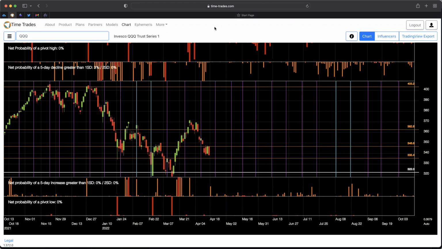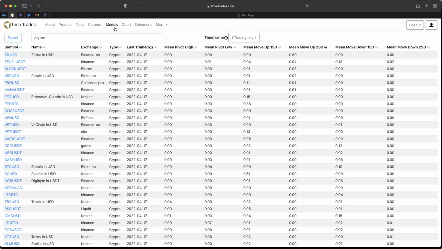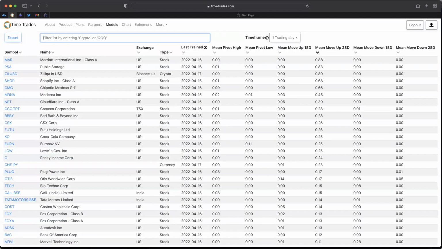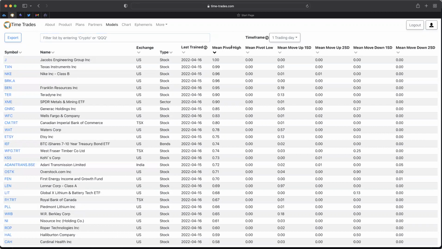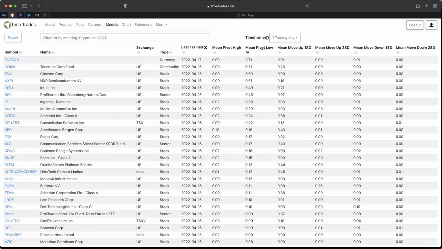This is on the models page in Time Trades. And the models page, in my opinion, is where you find the gold, where you find the great trades. And we've been able to sort by the future probabilities for a while now.